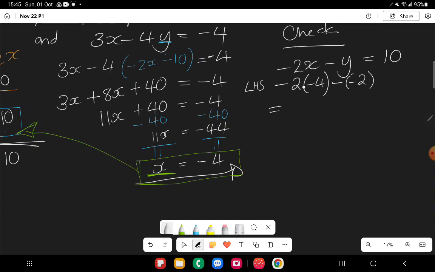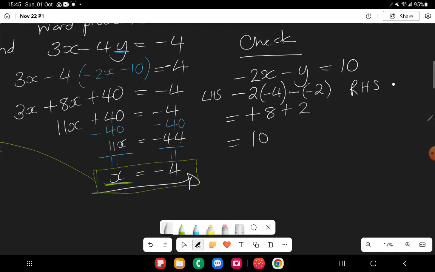That works out to positive 8 plus 2, which gives me 10. On the right-hand side, I have the value of 10. Since the left-hand side is equal to the right-hand side, meaning 10 is equal to 10, I know that my answer is correct. That's how you would check if your answer is correct.